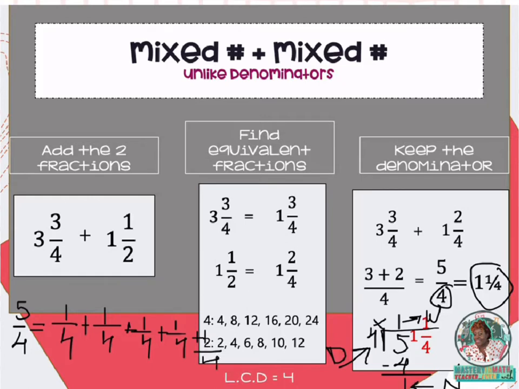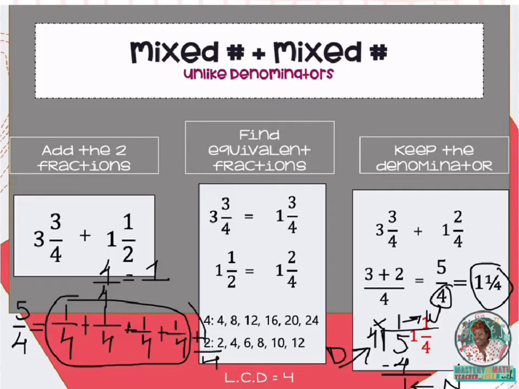So here we can see that if we take 4 of the 1/4, that is the same thing as 1 whole because 1/4 added 4 times. That's the same thing as 1 whole.